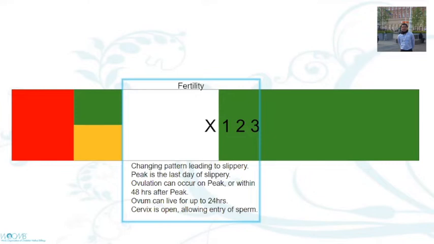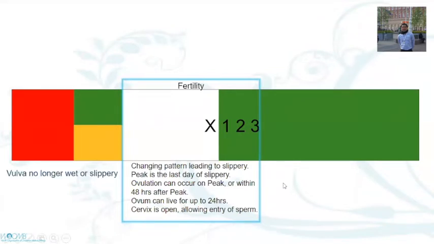The cervix is open during the first appearance of mucus until it becomes slippery, including the first 3 days of the luteal phase. So the cervix is open. The one inside the blue box, these are the days wherein the cervix is open, and we consider these days as fertile days.